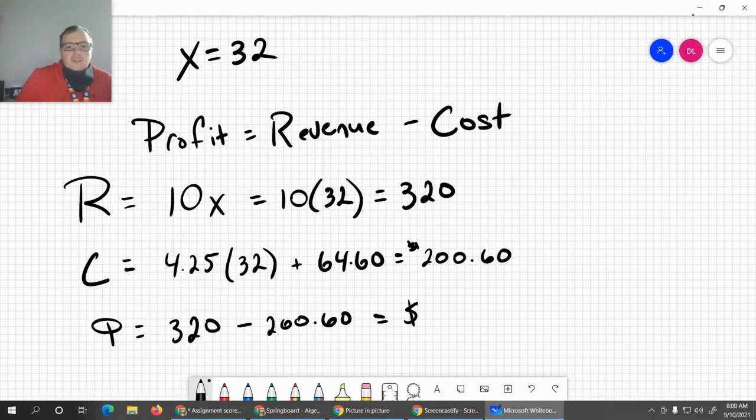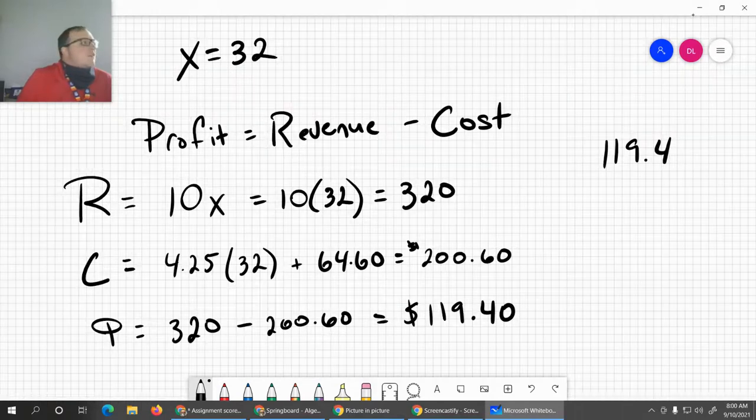We get $123.40. Okay? Well, it's money, right? You don't write money like this, do you? You don't write money like that. Because it's money, you got to say that's 40 cents.